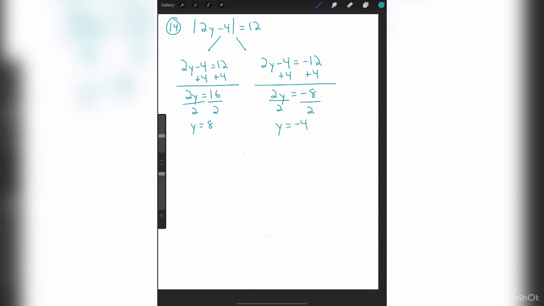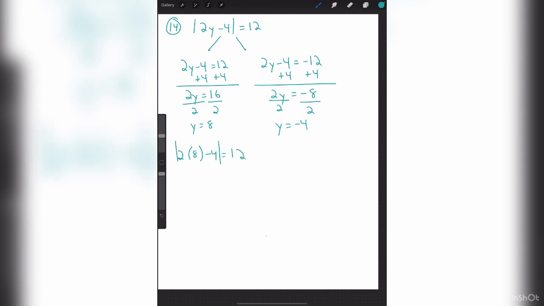Now, sometimes when you go back and check your work, some of these values don't actually work, and that's called an extraneous solution, which means that we're not going to include it. Because if we solve it and it doesn't work, then that's a problem. So we're going to check and make sure they work. So the absolute value of 2 times 8 minus 4 equals 12.